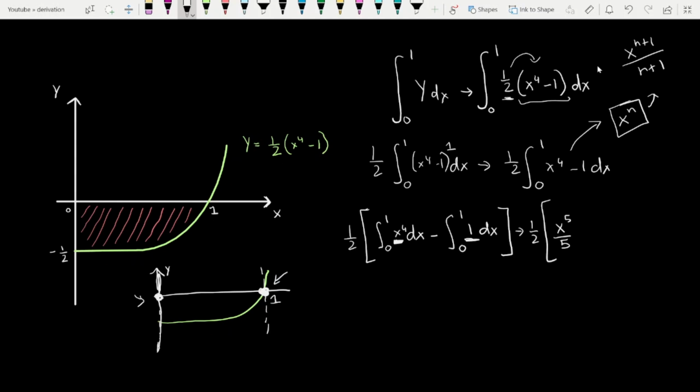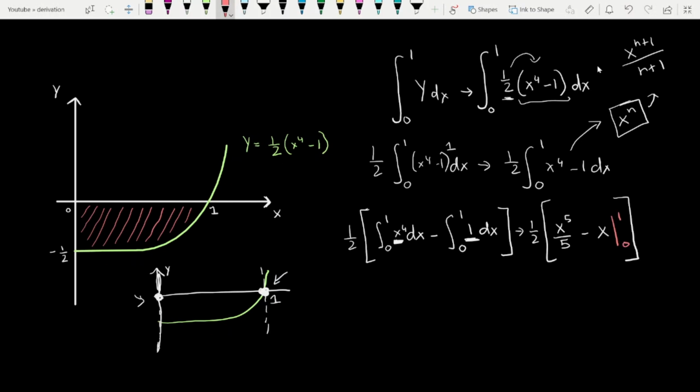And over here, since I don't have an x, I have x to the power 0. So that's just going to turn into x to the power 1 divided by 1, and so that's just going to become x, and I don't even have to write the 1 explicitly. It's understood that this thing is raised to the power 1, right? And I've basically integrated this, and now I can finally put my limits over here.